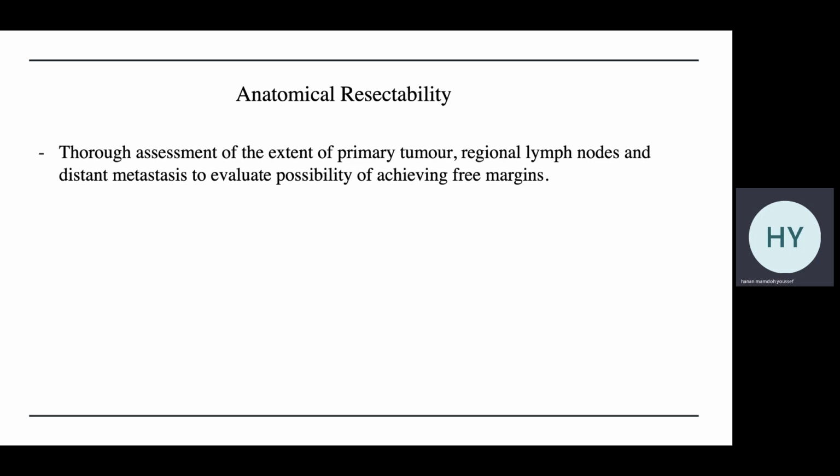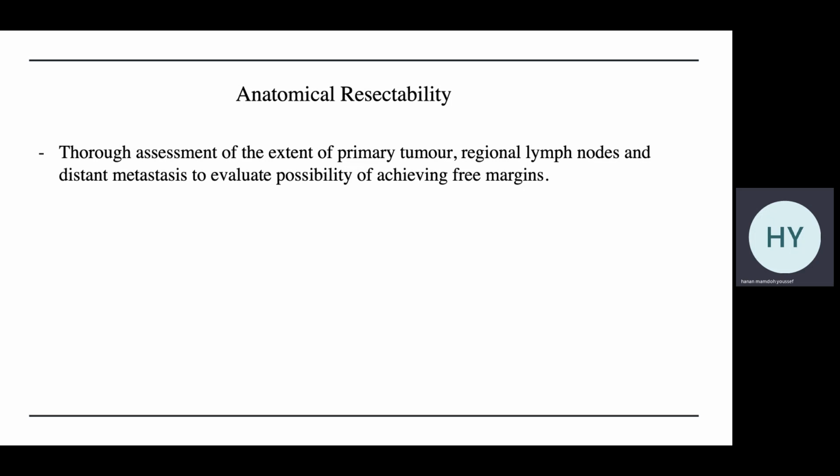Or if the patient has, for example, a metastasis, we can also counsel him for RFA. So there are several non-surgical options which might be suboptimal, but can be safer for this group of patients, and we have to discuss that with them.